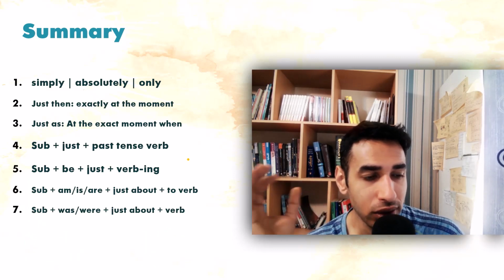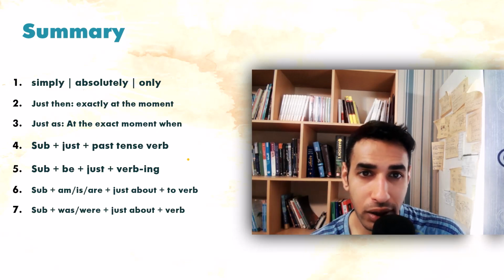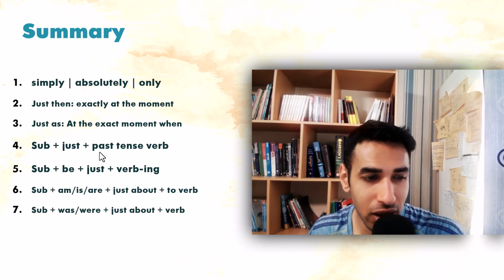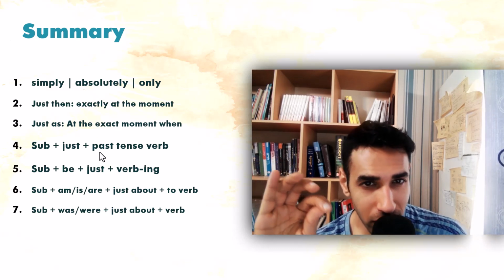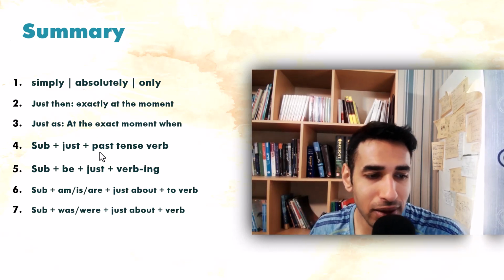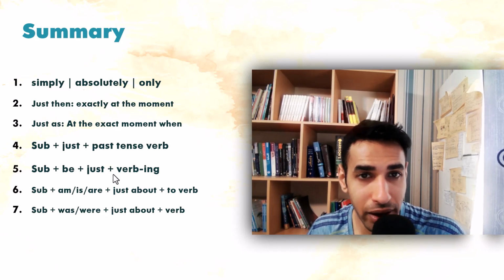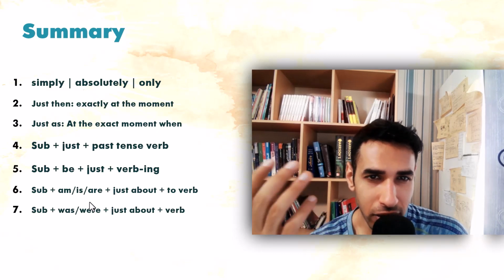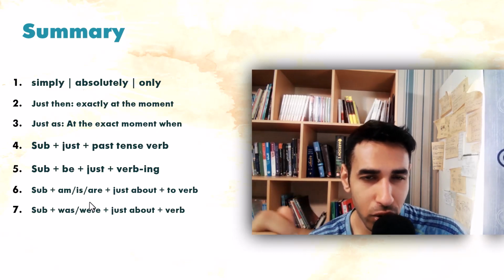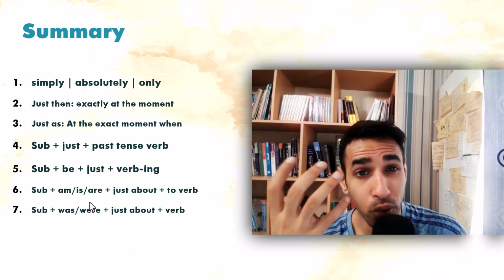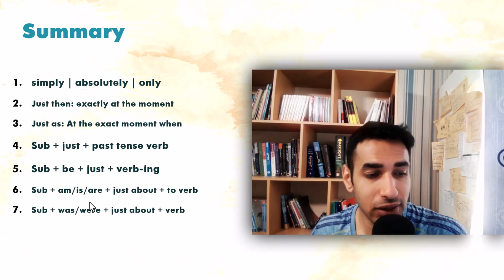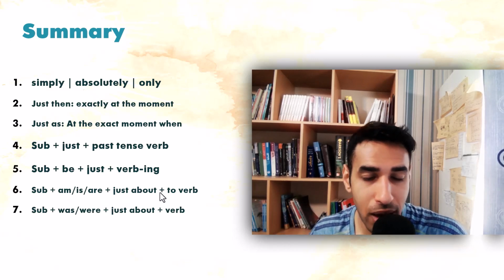We can use just for past events using the structure subject, just, past tense verb. We can use just for emphasizing that something is happening at the moment using this pattern, subject be, just, verb-ing. We can use just for actions that are going to maybe happen in the near future when somebody plans to do something, using the structure number 6, subject am, is, are, just about, to verb.